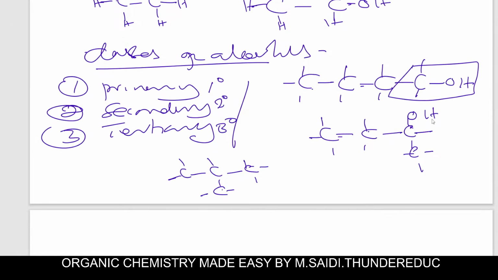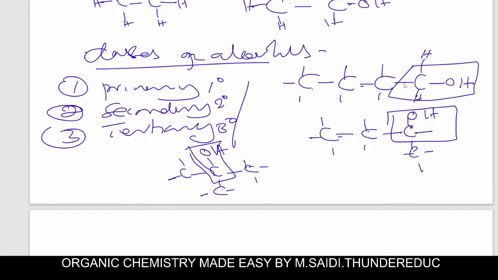All right, look at this carbon atom, and also look at this OH. This carbon atom has two hydrogens. The carbon atom which has the functional group, the OH, has two hydrogens.